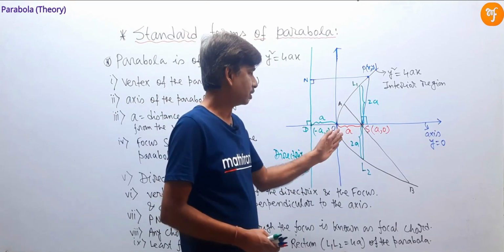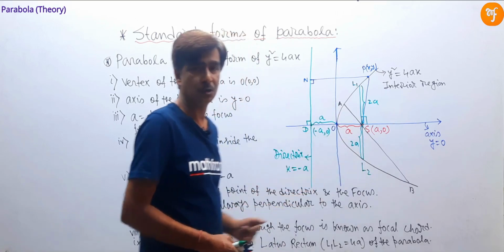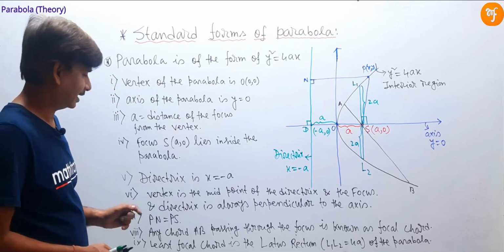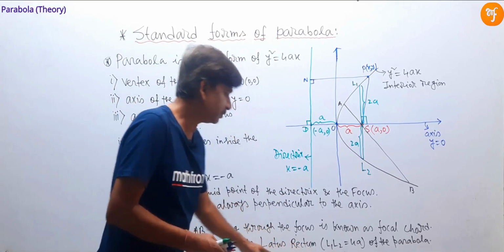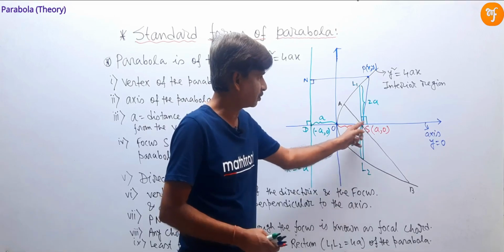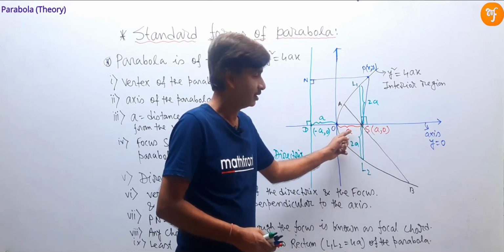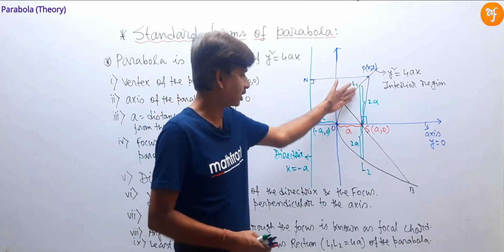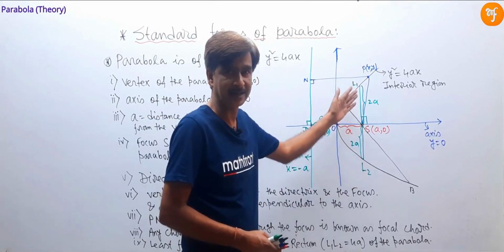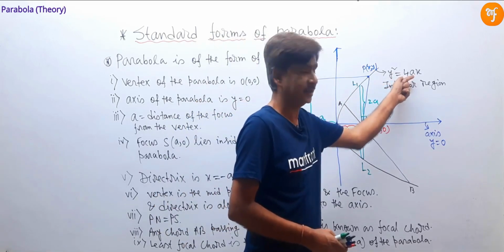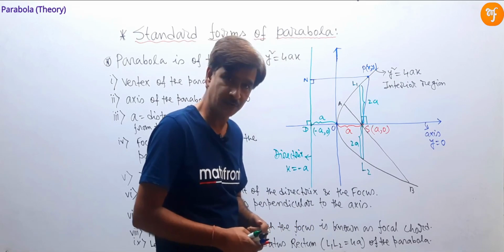And any chord passing through the focus is known as a focal chord and the least focal chord is known as the latus rectum of the parabola. In the given diagram L1, L2, which is perpendicular to the axis of the parabola, is the least focal chord and this latus rectum has length 4a, with 4a present already in the equation y square is equal to 4ax.